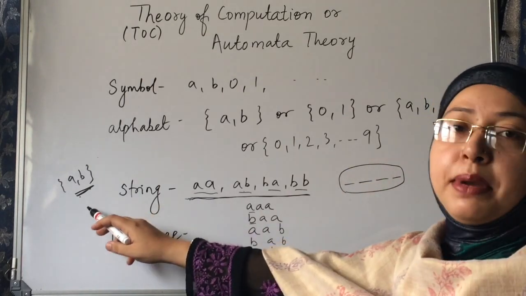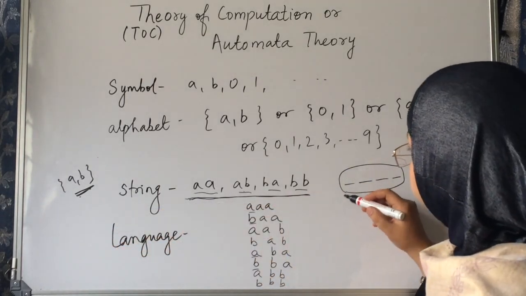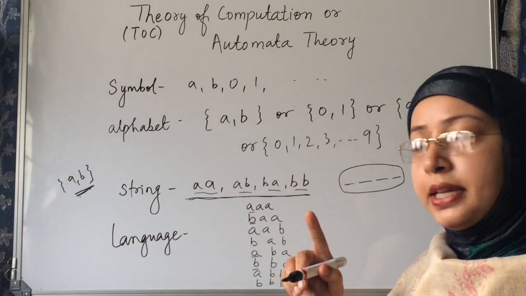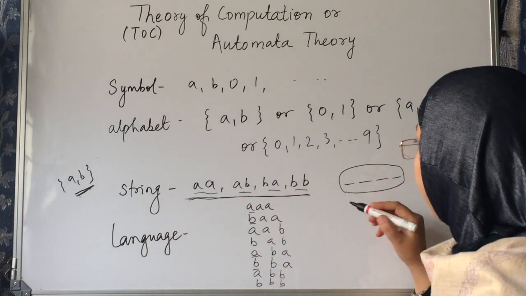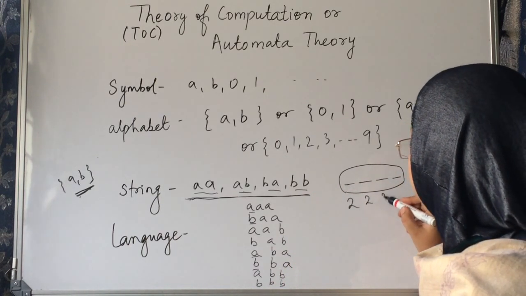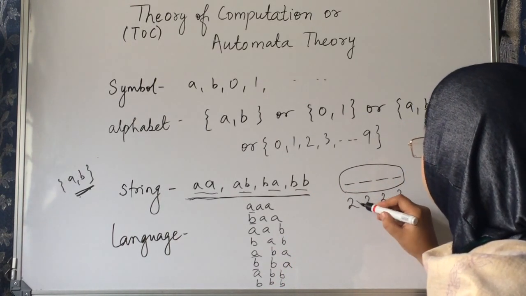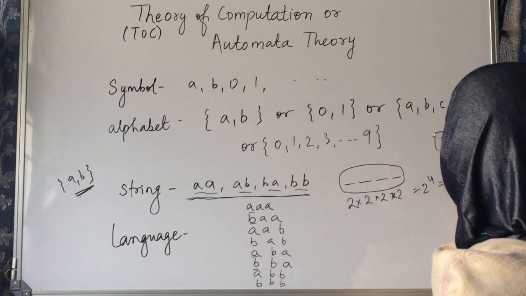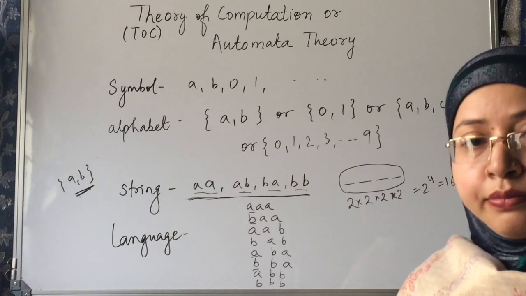For each position you have only 2 symbols, A and B. It means 2 into 2 into 2 into 2, that is 2 to the power of 4, and 16 strings are possible.